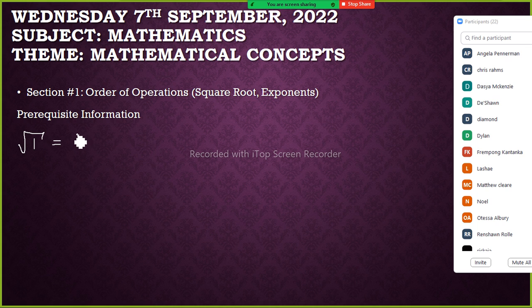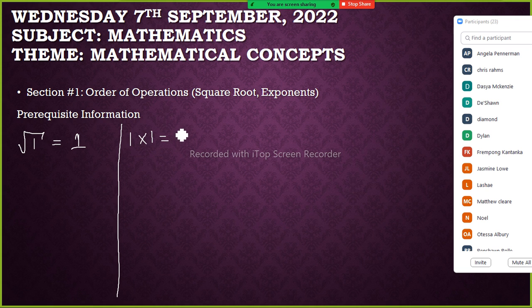Very good. And the reason why it's 1 is because 1 times 1 is 1. And then we got the square root of 4. Jasmine, what's the square root of 4? 2 times 2.